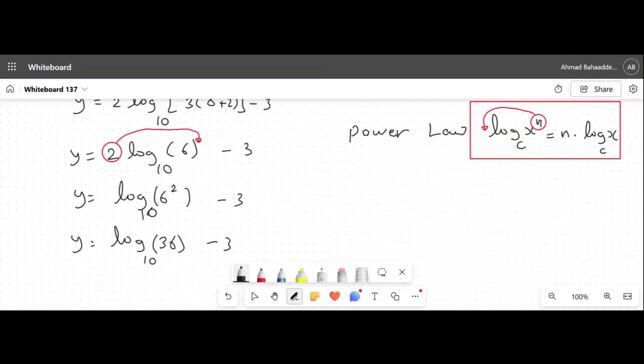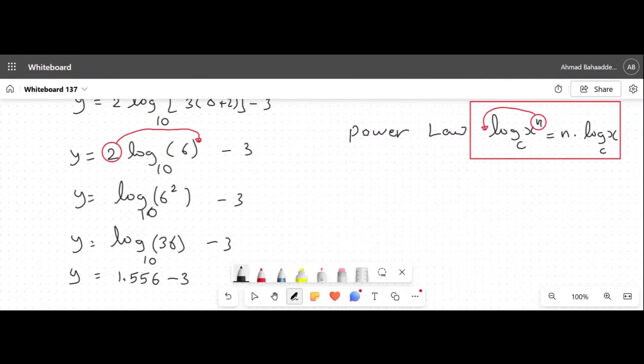Use the calculator to find logarithm of 36. So let's see how much is the logarithm of 36 for the base 10. If I just say log of 36 and close the bracket, that's going to give me 1.556 basically. So logarithm of 36 for the base 10 is 1.556, and I'm going to subtract 3 from that.